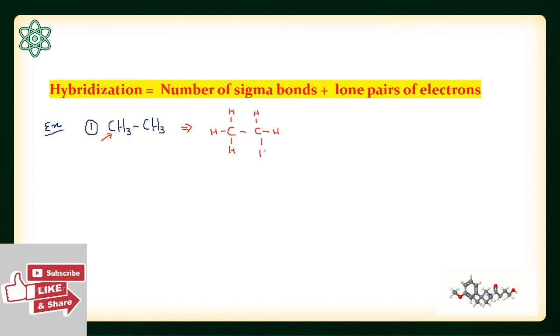We have to count the number of sigma bonds for the first carbon atom only. The total number of sigma bonds attached to that carbon atom will be equal to 4: 1, 2, 3, and 4. So I have got the answer as 4 plus lone pairs, that is 0. So my answer is 4.